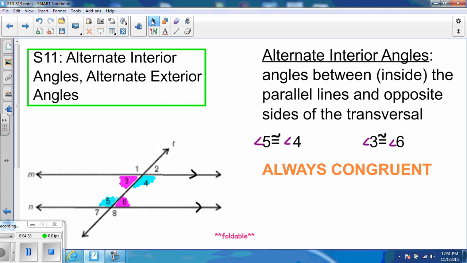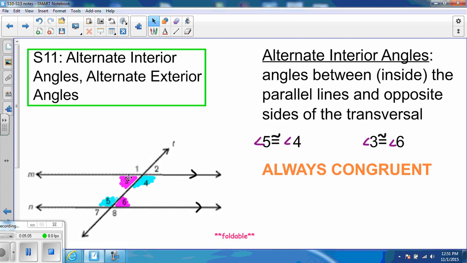Okay, we're moving on to standard 11, alternate interior angles and alternate exterior angles. Alternate interior angles, so alternate means opposite, interior means inside. So first we identify our parallel lines, lines M and N. Interior means inside of our parallel lines, so we're looking at any of these angles inside of parallel lines.